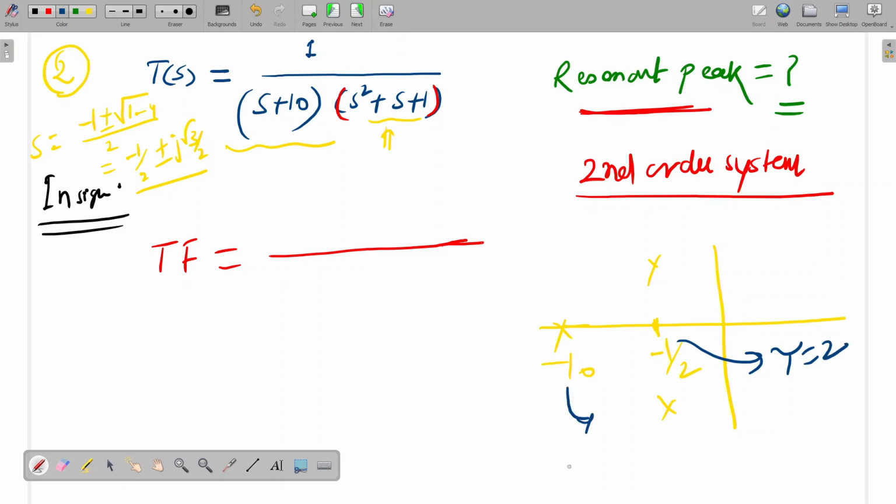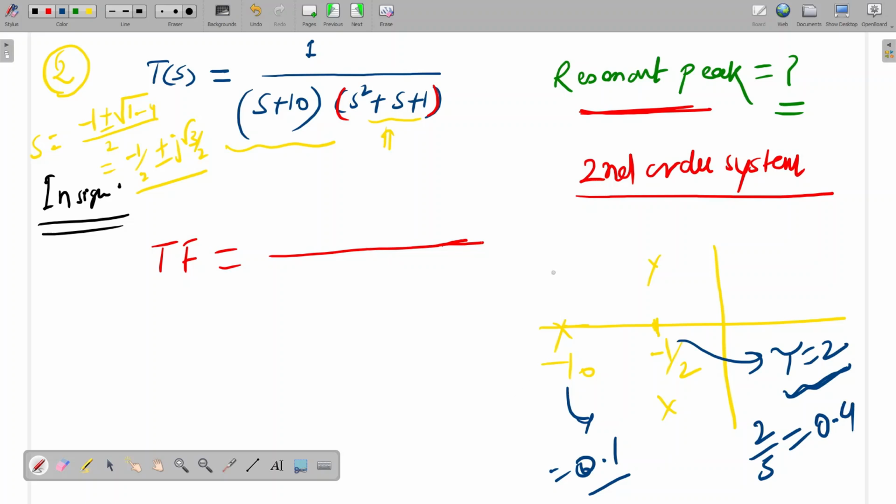For this one, what will be the time constant? 0.1. Okay, minus 1 divided by this one. So this is the dominant pole. So dominant pole time constant divided by 5, how much are we getting? 0.4.